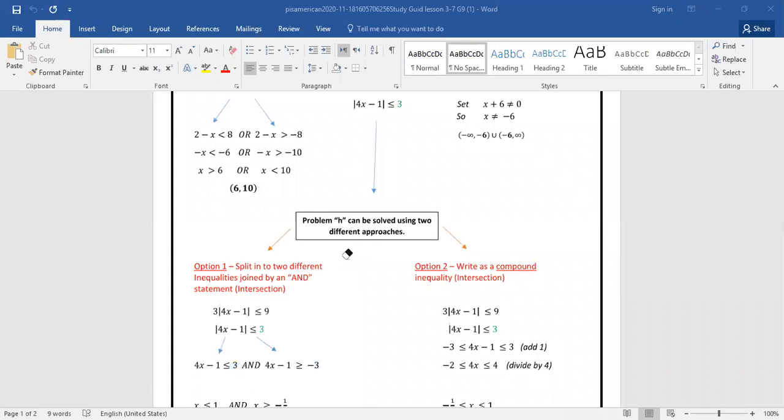Once you have any question with less than, you are going to use and. More than, you are going to use or. And as I said before, how we are going to explain the answer for the question.